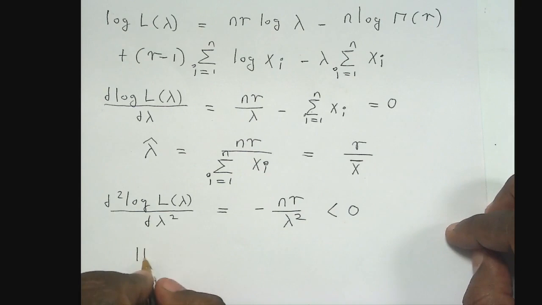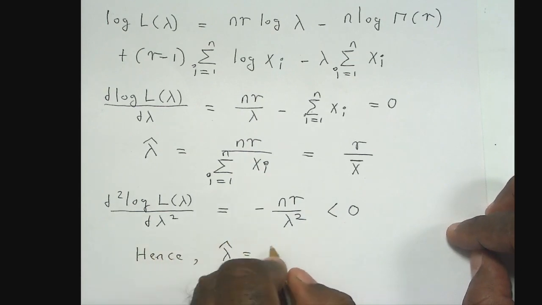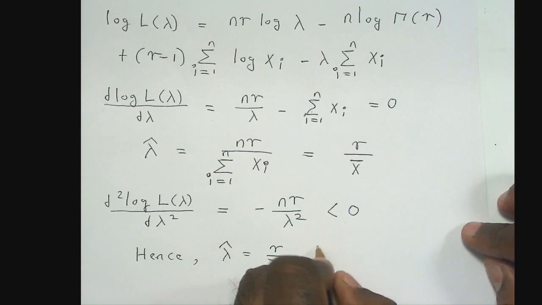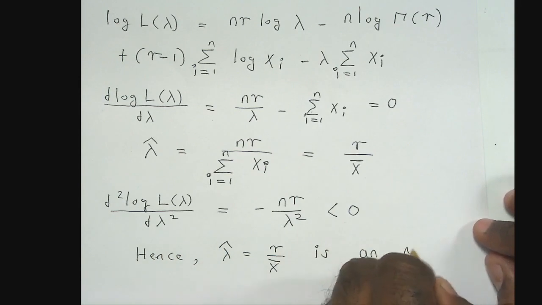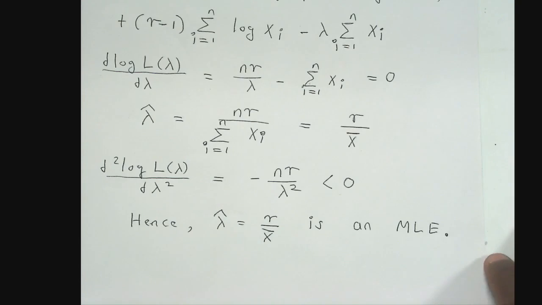So hence lambda hat equal to this is a maximum likelihood estimate. Is that clear, guys, so far?